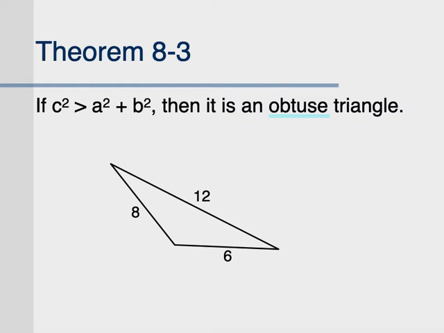The way I remember this rule is if I picture an obtuse triangle like this one, opposite the obtuse corner you're going to have one especially long side. So the c is an especially long side. It's so much longer than the two a and b sides that when you square it, it's greater than the squares of the a and b sides combined.